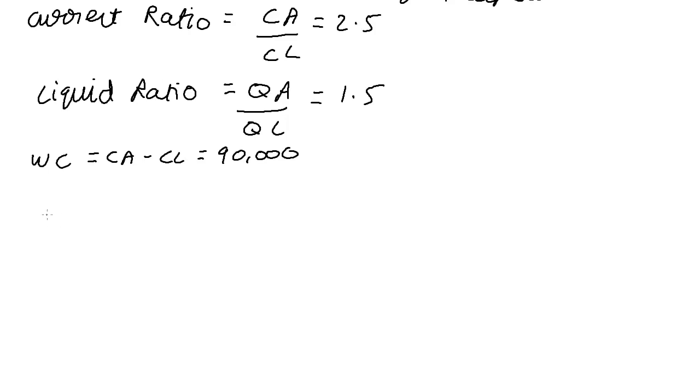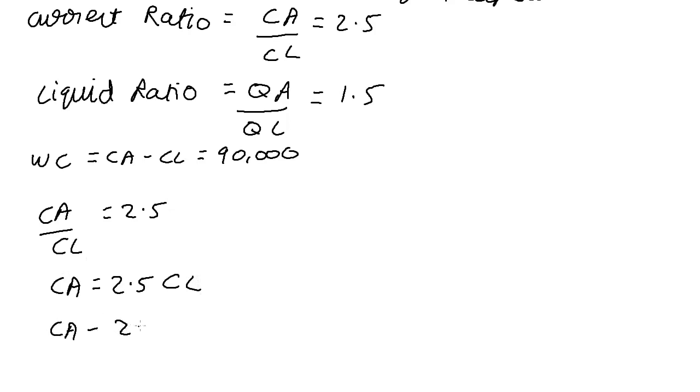The fact that we have CA upon CL equal to 2.5 is as good as saying that CA is equal to 2.5 CL. We can substitute CA in the working capital formula. Instead of CA, I'm going to write 2.5 CL minus CL is equal to 90,000.